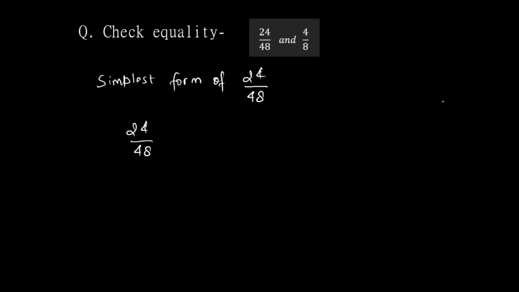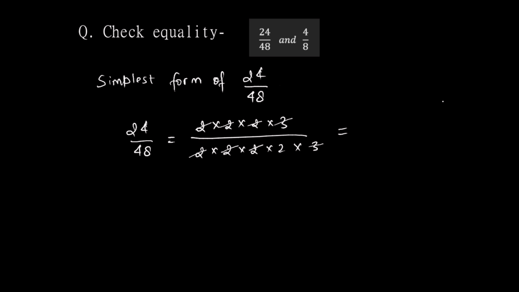Now what we do? We just write the prime factors of 24 in the numerator and the prime factors of 48 in the denominator. Now we just cancel out common factors. We have 1 over 2.